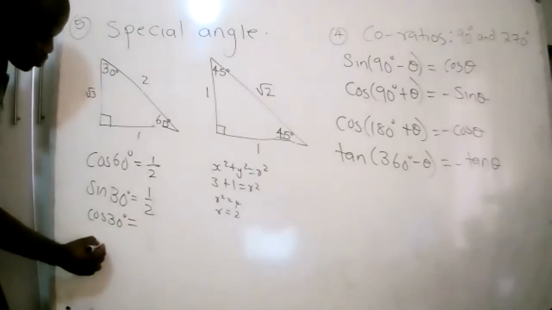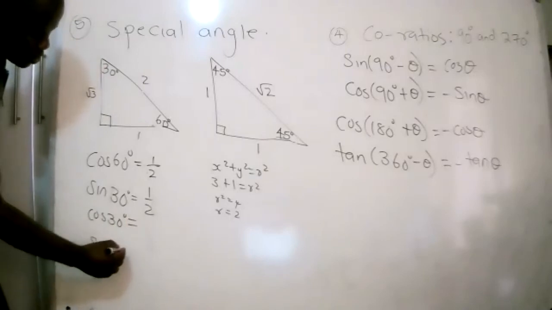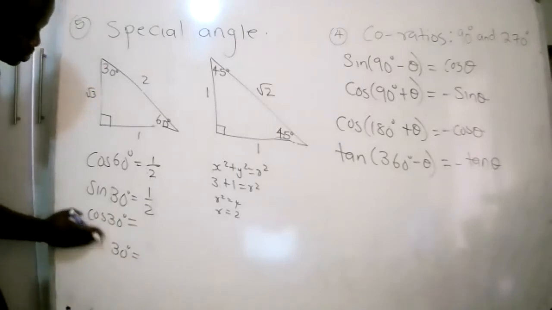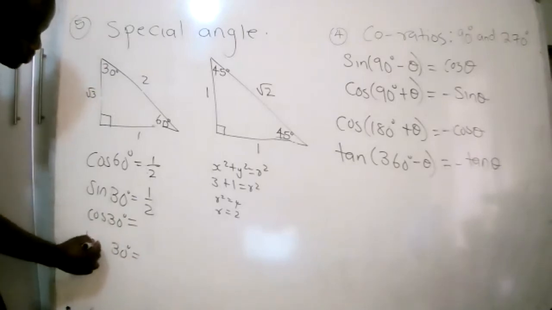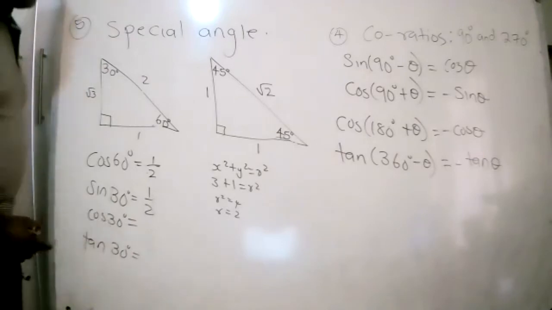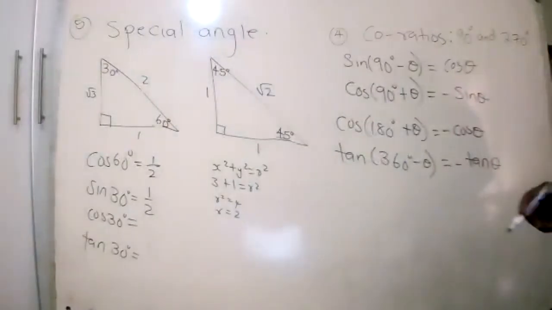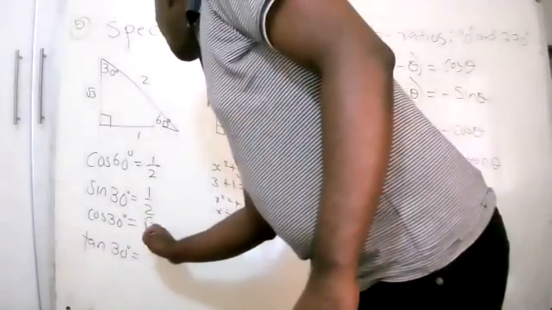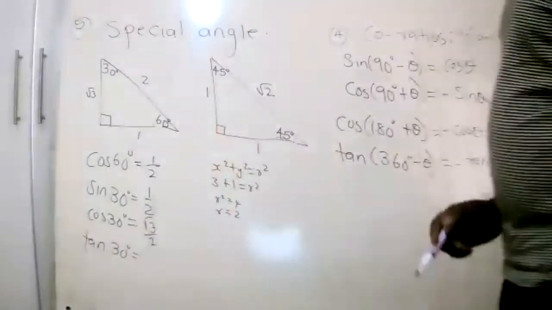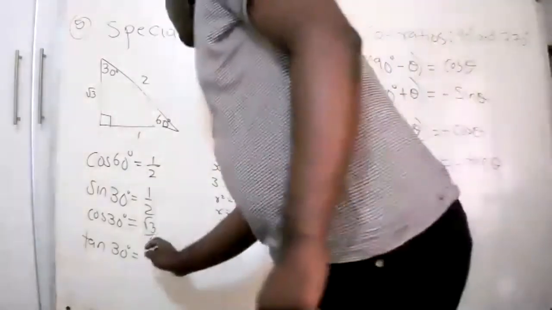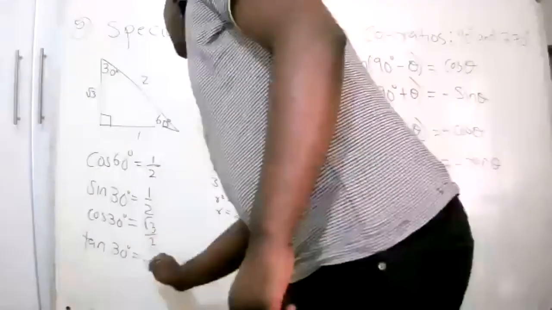Let's do these last two: cos 30 and tan 30. So cos 30 degrees is equal to what? Square root of 3 over 2. Wonderful. And what about tan 30? 1 over root of 3.